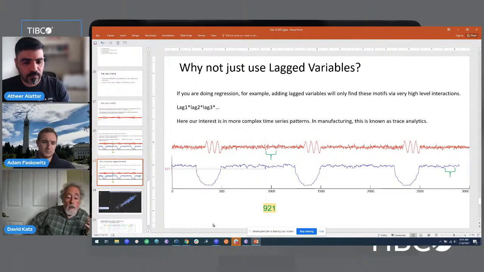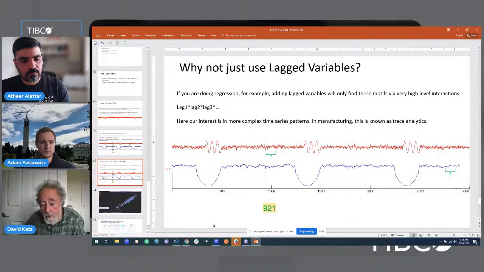You can Google for it; there are a couple of different terms that are used for this. MASS is Mueen's algorithm for subsequence search, or you can look at matrix profile, and you can find a lot of material on it.